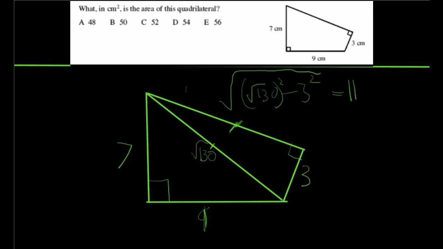So this side here has a length of 11, and then we can work out the area of this quadrilateral by doing 7 times 9 divided by 2 plus 3 times 11 divided by 2, which comes out as 48, which is the answer.